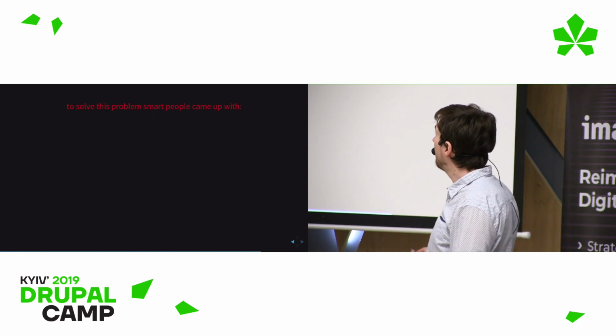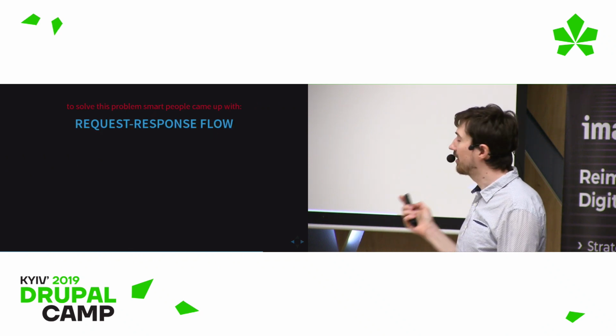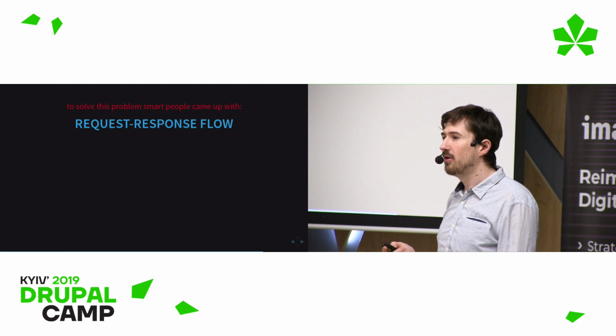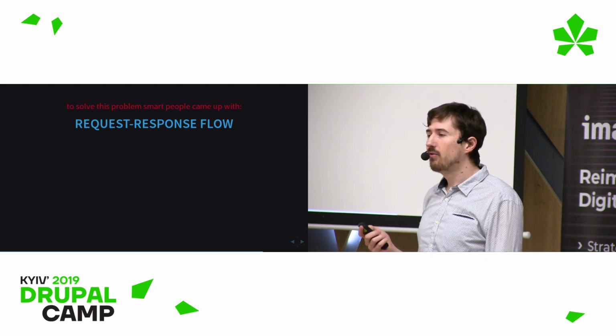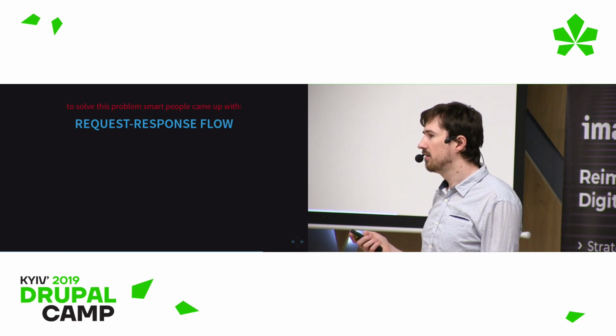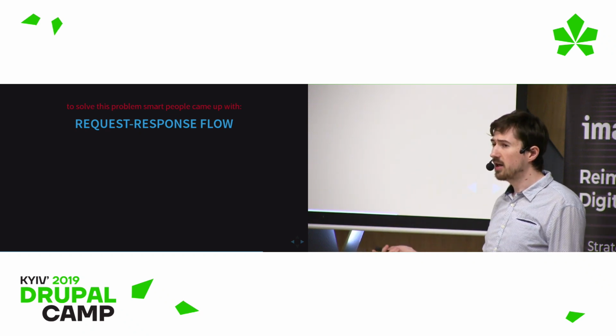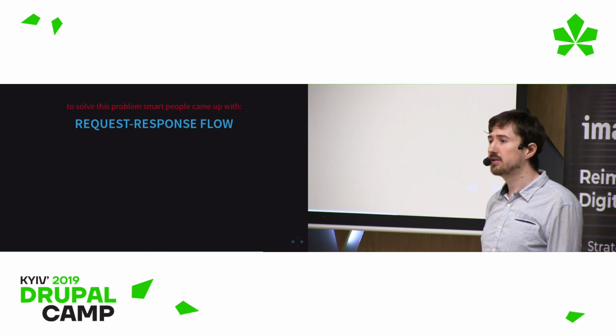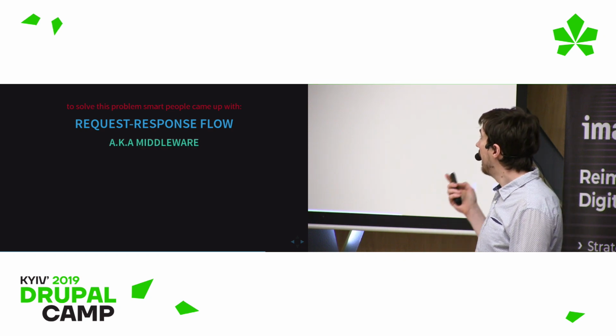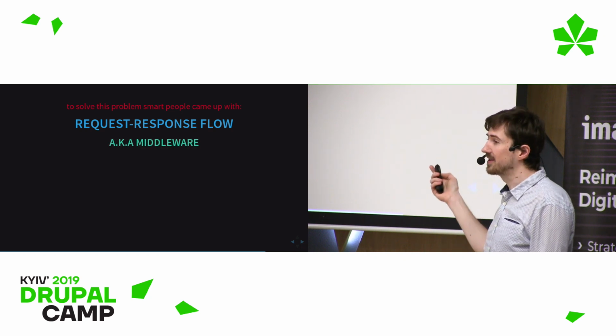And to solve this problem, smart people came up with the request-response flow. If you worked with the HTTP kernel in Drupal, the HTTP kernel from Symfony, you saw the HTTP kernel object, you saw the request object, you saw the response object, and it also knows middlewares.